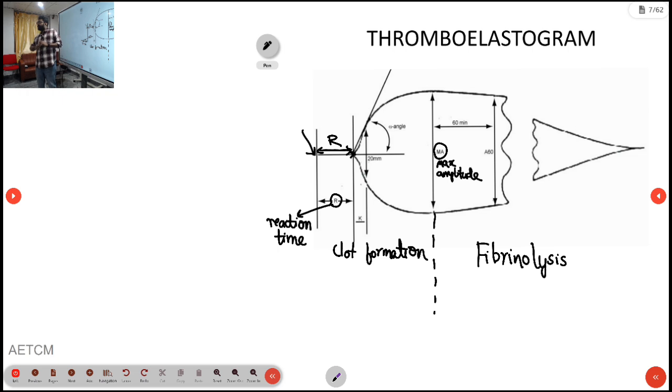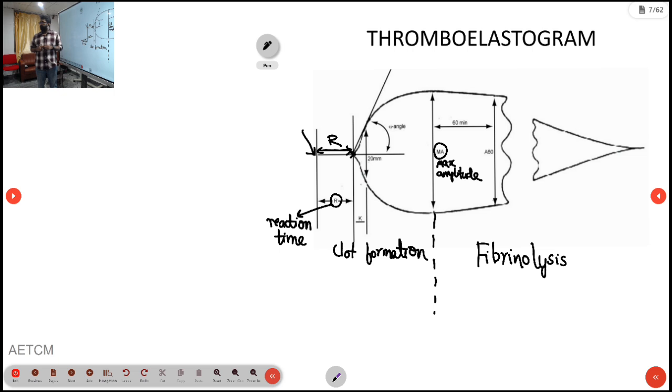I'll just give you a revision of what I've already mentioned. In case there is a bleeding from the blood vessel, naturally your body has a tendency to clot. So initially the first thing is what? Vasoconstriction to prevent blood loss. Then all the platelets and small RBCs will come to the area and form a clot.